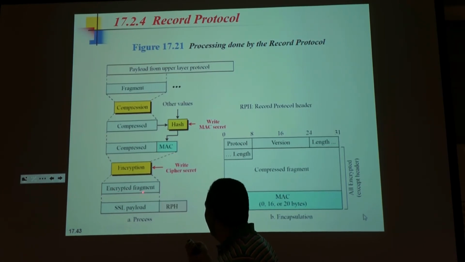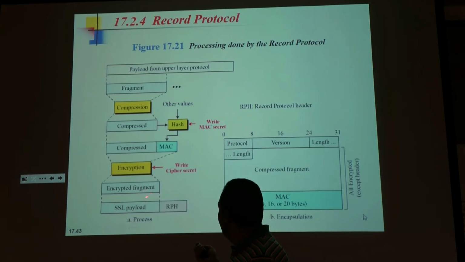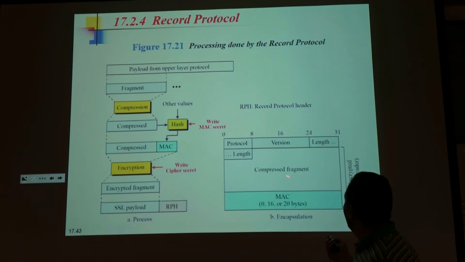Then this is the encrypted fragment, and you put the SSL payload with the header. That's how encryption happens. The header has the protocol, the version, and the length.